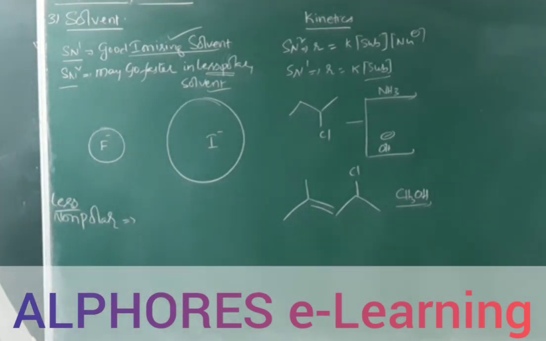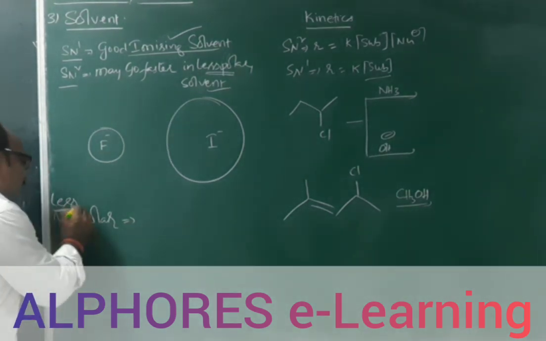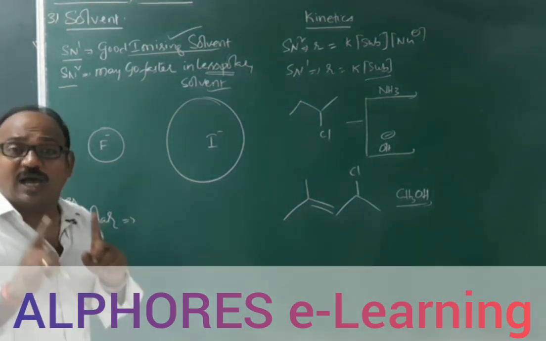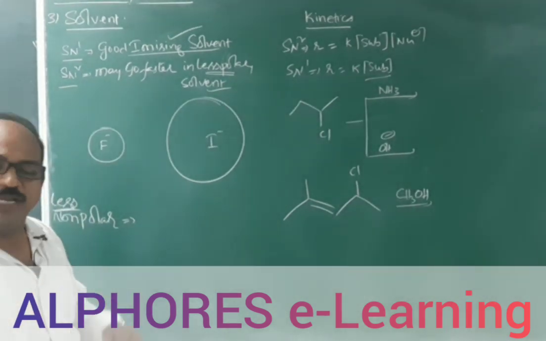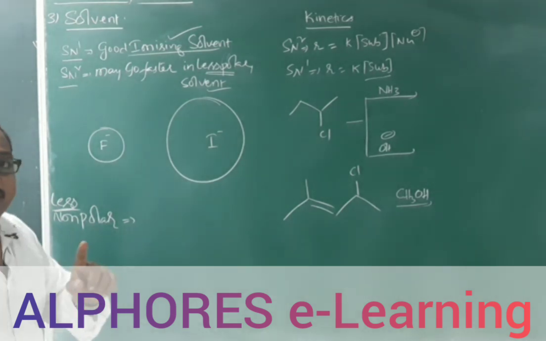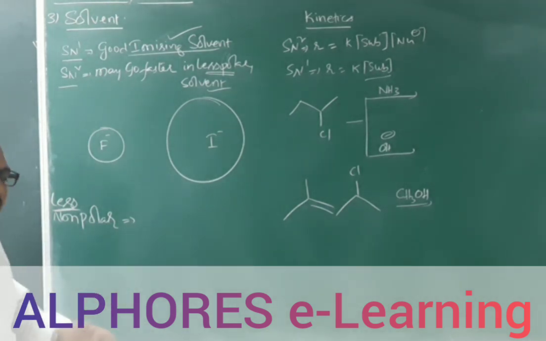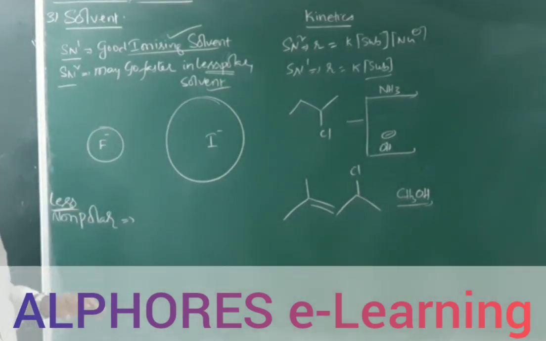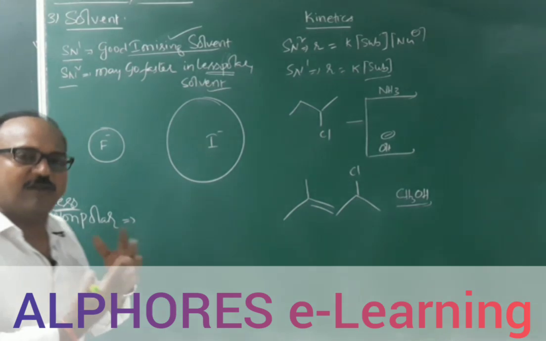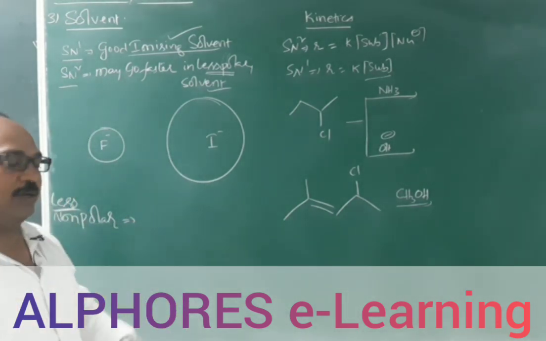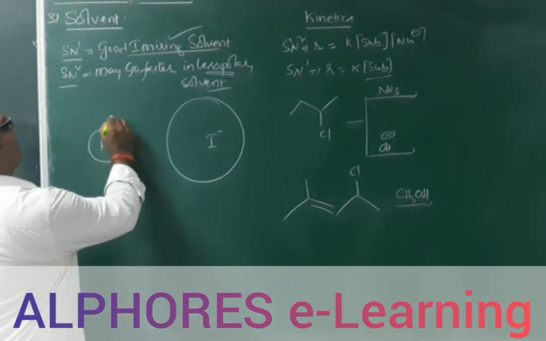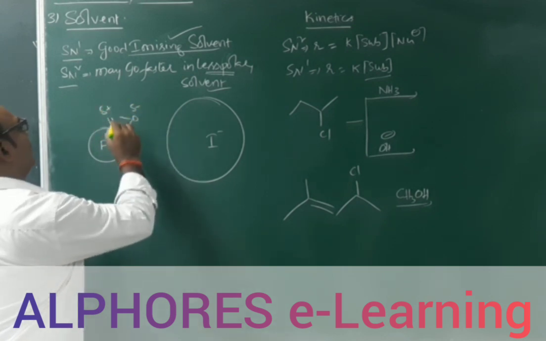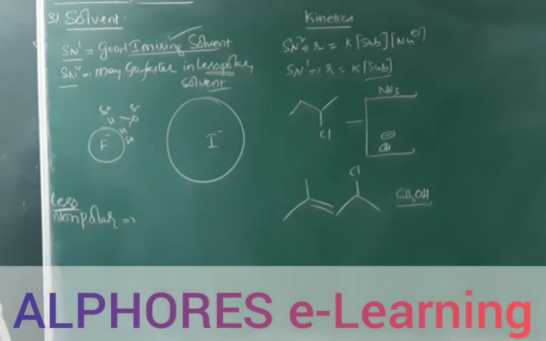Let us see. We already discussed that in less polar solvents like DMF or DMSO, only cations undergo solvation. We discussed this in the previous session. Anions do not undergo solvation. That's why in less polar solvents, anions do not undergo solvation and remain as such. When we use a more polar solvent like water, what happens? This F minus ion is surrounded by water molecules through hydrogen bonding.